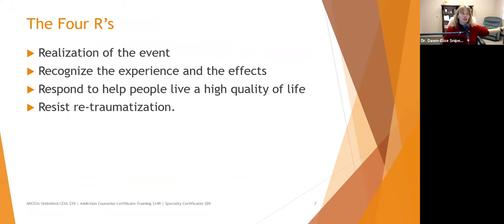cognitively, children are thinking dichotomously at that point in time. They don't have much of a point of reference. They are wholly dependent on their adult caregivers. So their experience and the effects of that trauma and their reaction could be very different than if they experienced the same thing, heaven forbid, when they are 26.